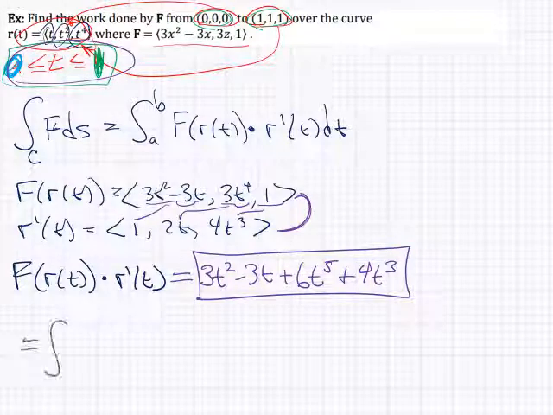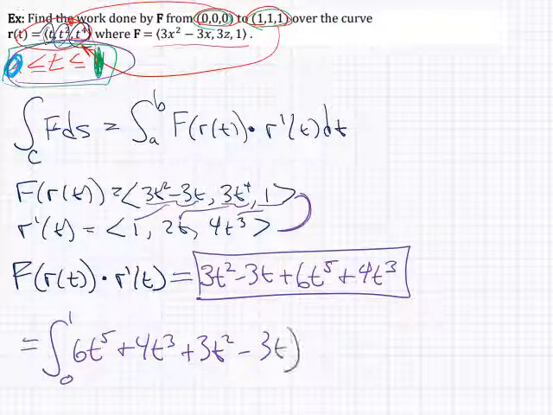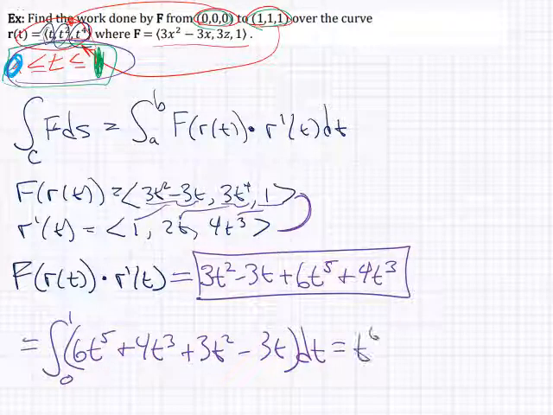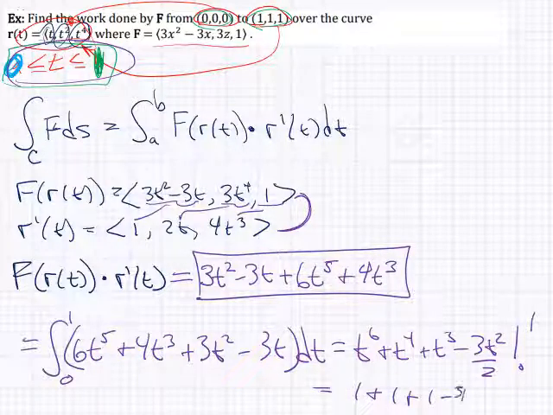So the vector line integral would be the integral from 0 to 1 of 6t to the 5th plus 4t cubed plus 3t squared minus 3t dt. That's going to give me t to the 6th plus t to the 4th plus t cubed minus 3t squared over 2 from 0 to 1. So 1 plus 1 plus 1 minus 3 halves. 3 minus 3 halves would give you 3 halves.